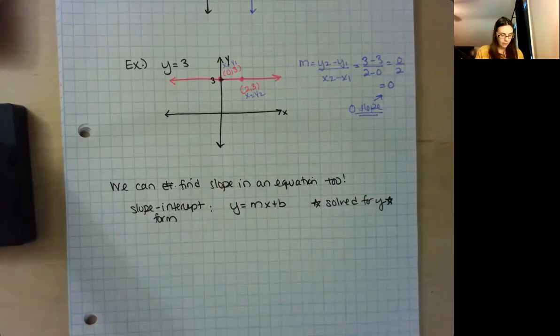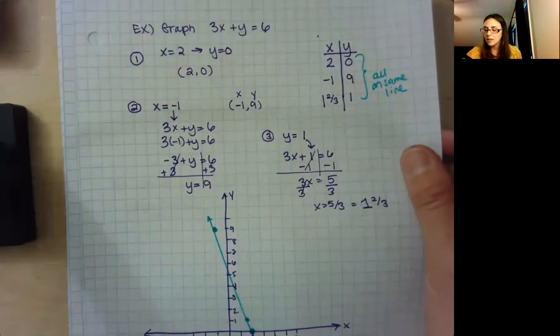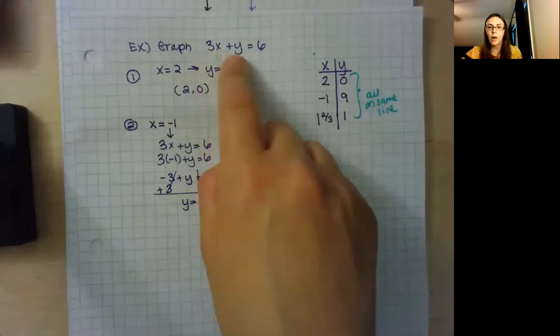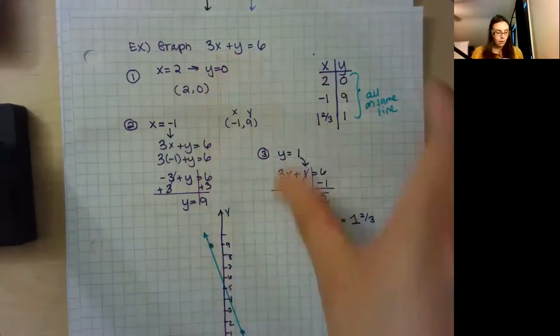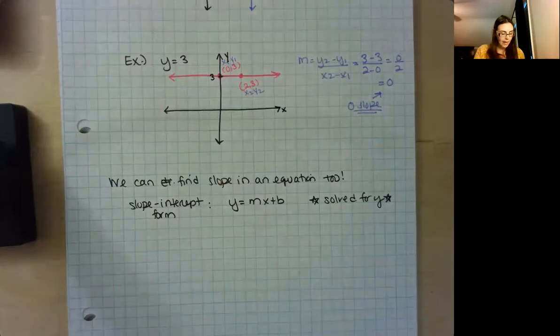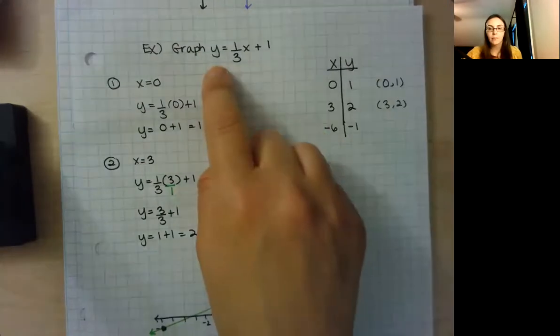So let me just really quick show you guys. All right, so this is a few videos ago, but you can see here's an example where we started with graphing, and you can see that this example is not solved for y. Y is not by itself. But I did another example after that where y was by itself.